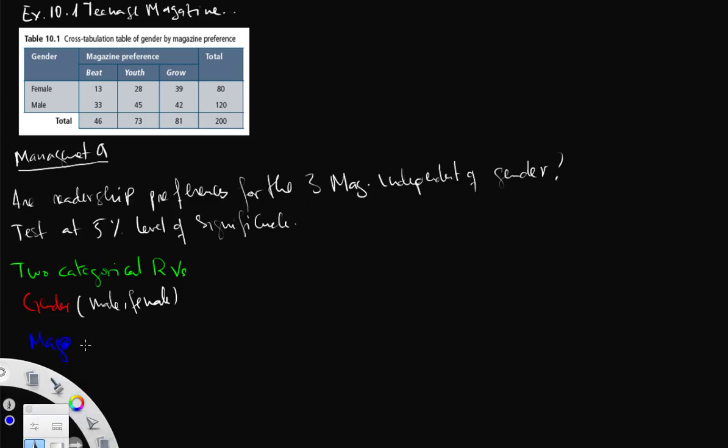I'm just gonna write mag, and in the data we have Beat, Youth, and Girl. And all our observations have been represented here. Keep your eye on this table. That's what we're going to use most of the time.